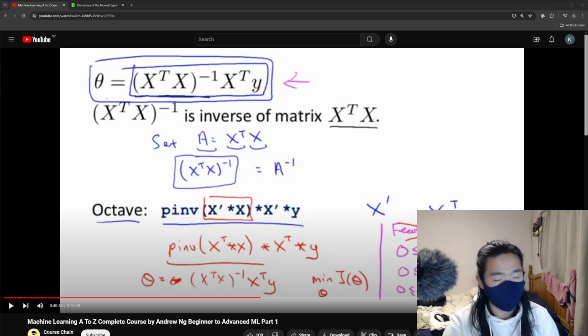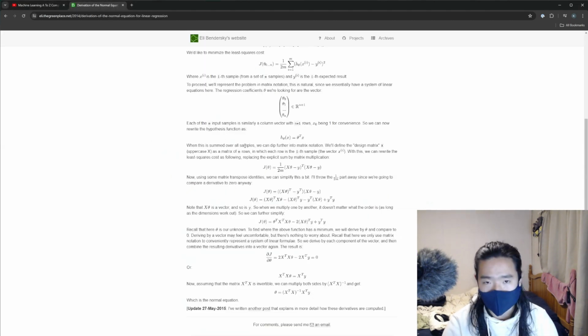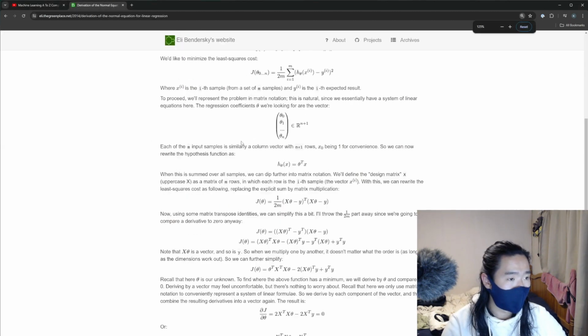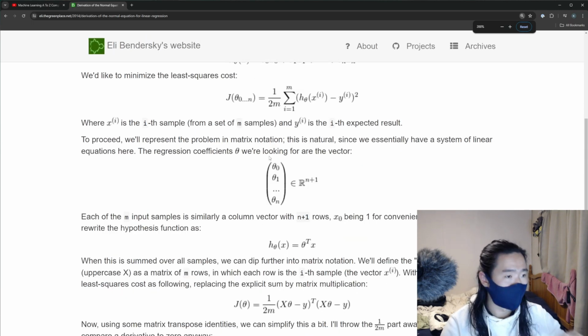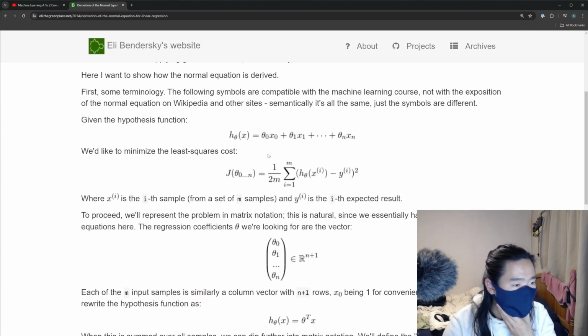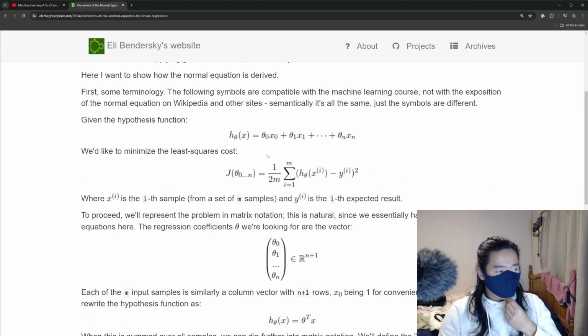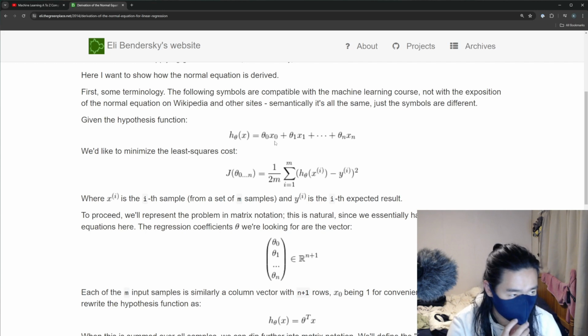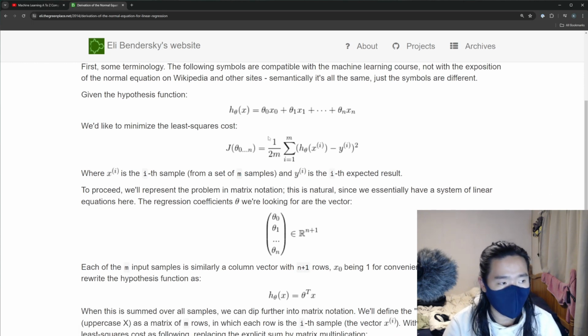He doesn't go through the derivation. The derivation I actually went and looked up again just for my own sake, and it's up here. Let me zoom in a bit so it's a bit easier to see. So given a hypothesis function of theta naught x naught, theta 1 x1, and so on, up to theta n xn, we want to minimize the least squares cost, which is what we've seen previously, right?